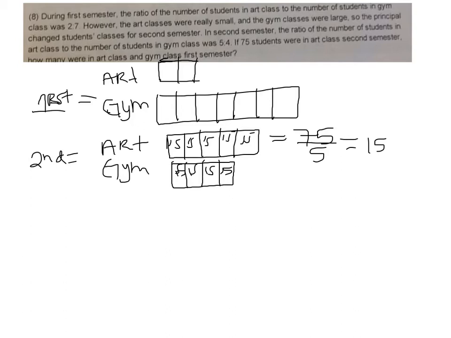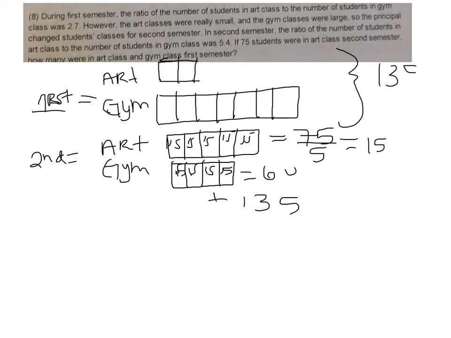So I know then that my gym students must total 60, or 15 times 4. So altogether, I'm just going to add those two together, 75 plus 60 gives me 135 students.